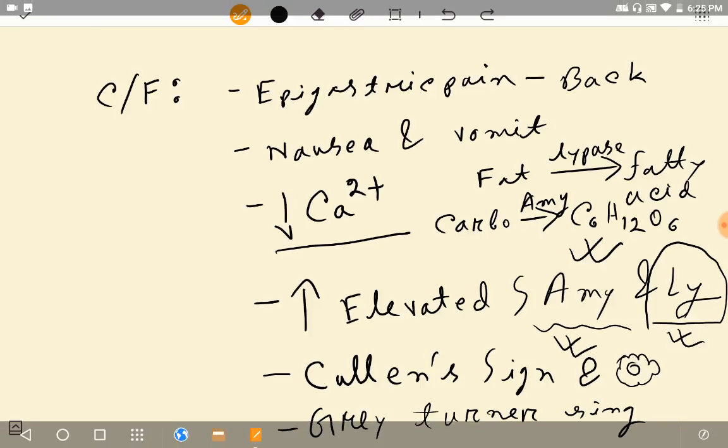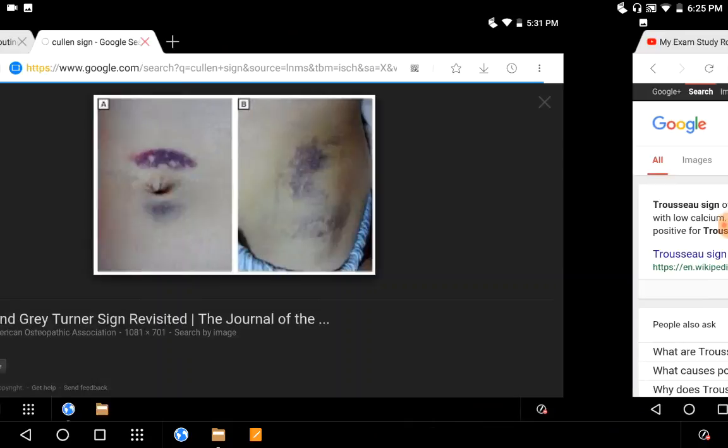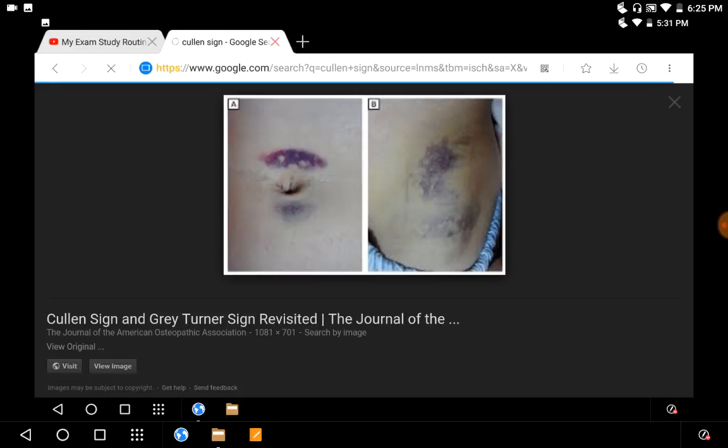So let me show you two pictures of what Cullen sign is. This is Cullen sign. You can clearly see there is hemorrhage in the periumbilical area, surrounding the umbilicus. It is frank hemorrhage.